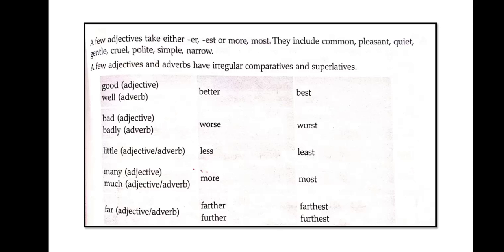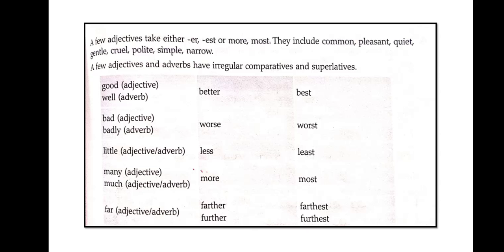A few adjectives and adverbs have irregular comparative and superlative forms. Some words change their spelling when we write them in the comparative or superlative degree. The word changes, but the meaning will be the same.